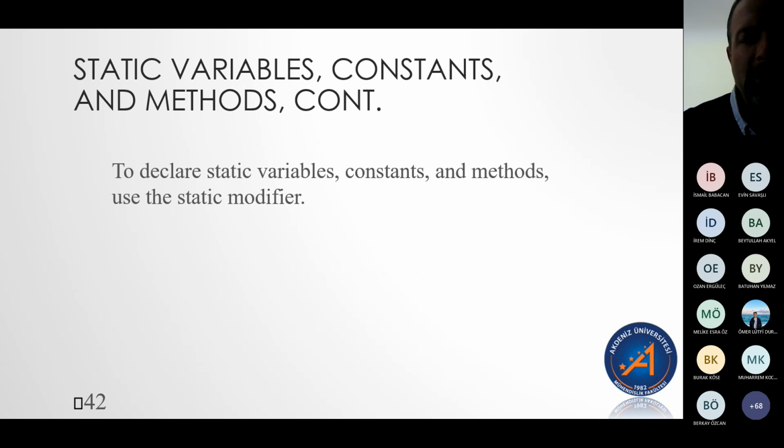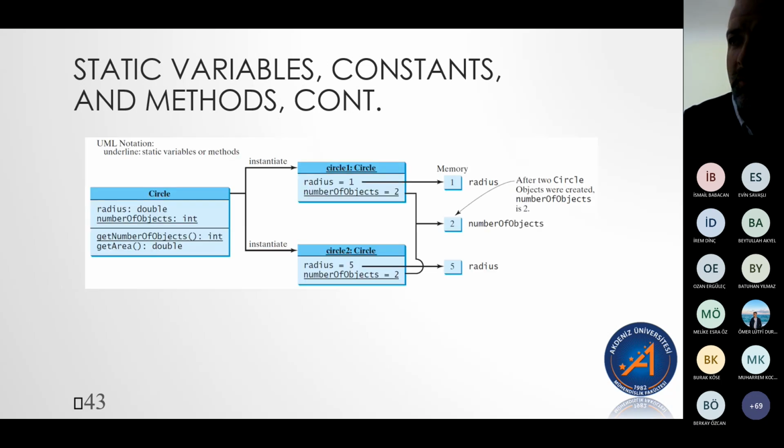Use the static modifier to declare variables, constants, and methods as static. We did that last semester with methods, but we will also see how to do that with constants and variables. For an example here, the underlined things mean static.